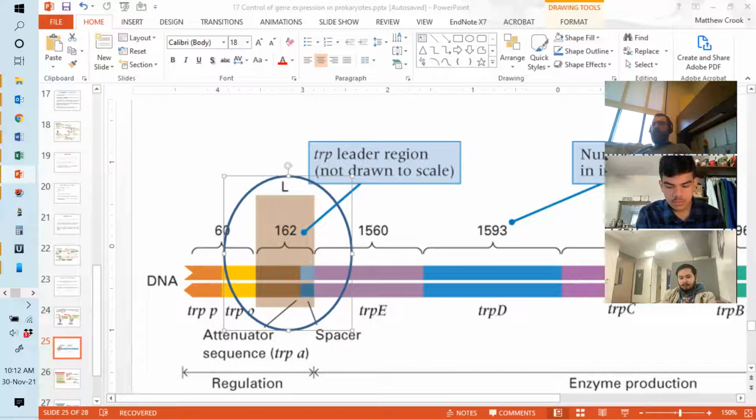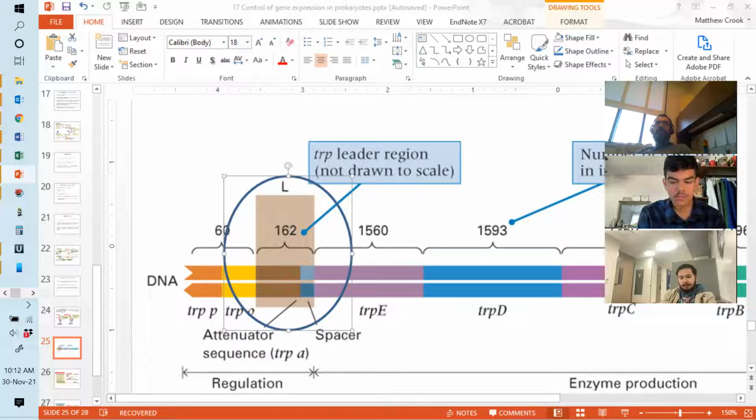So why would you go to the expense of producing a short protein, however short, from the leader region if it's not going to be used to metabolize something? What's the purpose of that short protein? Short polypeptide sequence, in fact. Why make it?